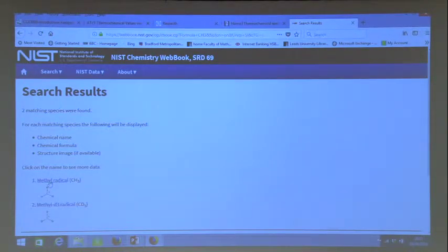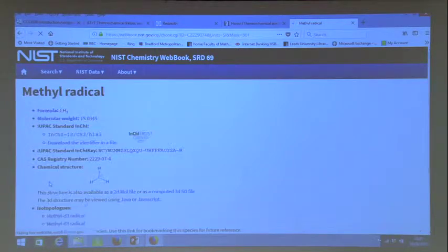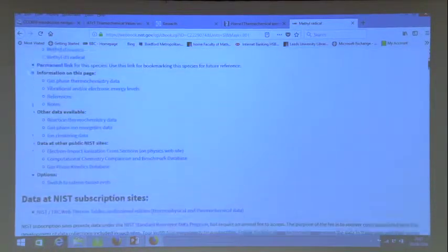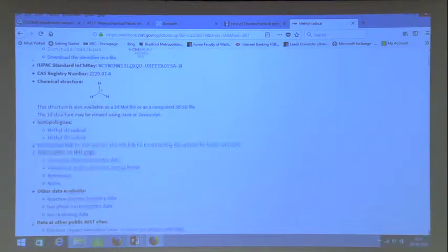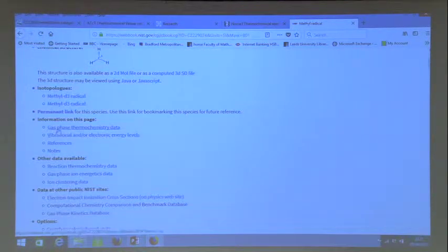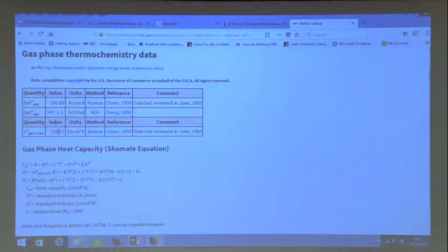So there's the methyl radical. So look for the gas phase thermochemistry data, and there it is. That's what I copied out.